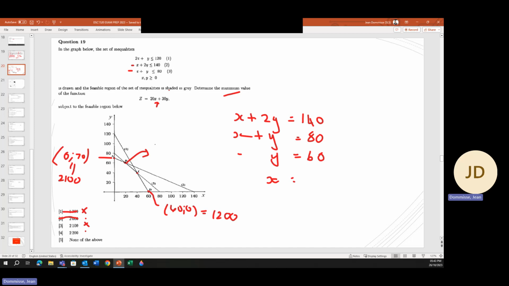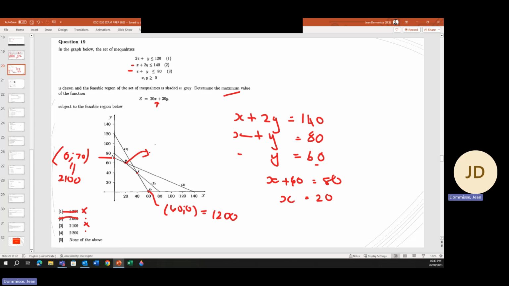You can put in X over 60 into one of those formulas. So let's put 60 into the second formula. That's easier. So X plus 60 is equal to 80. So X is equal to 20.